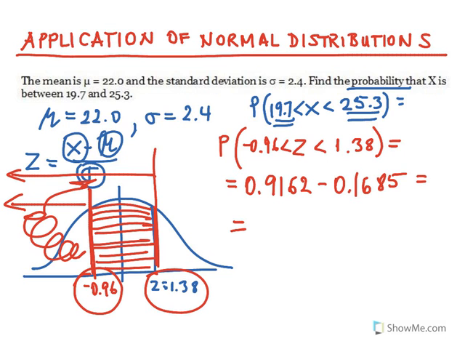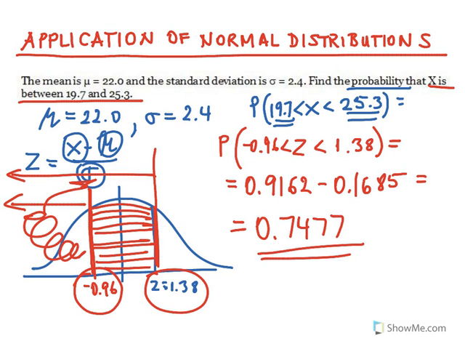The probability will be 0.7477. So the probability that x is in between 19.7 and 25.3, when the mean is 22 and the standard deviation is 2.4, is 0.7477, or in percentage, 74.77%.